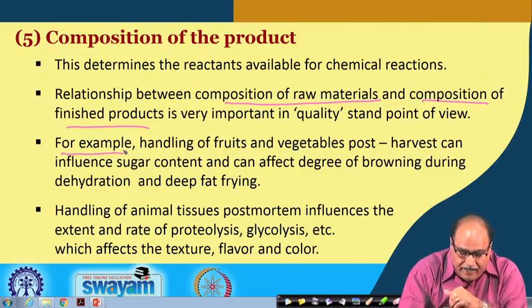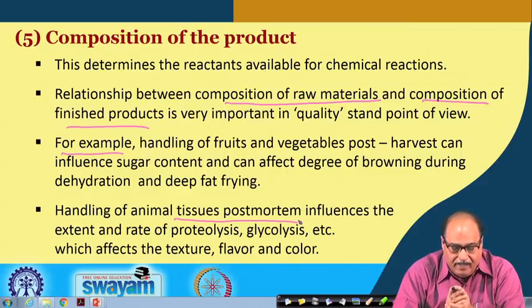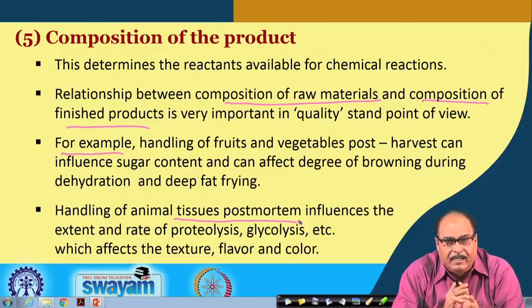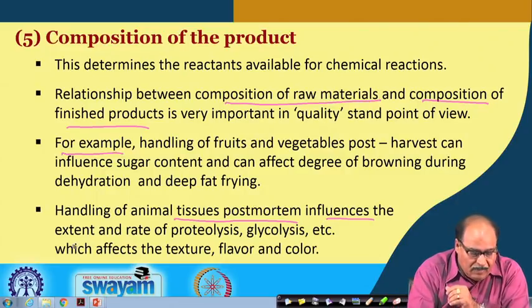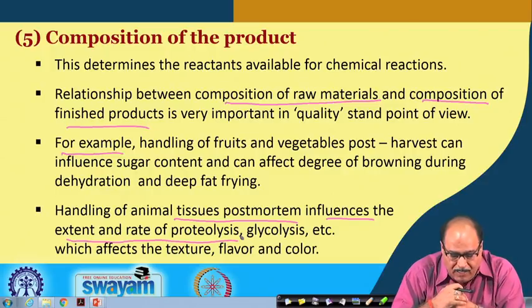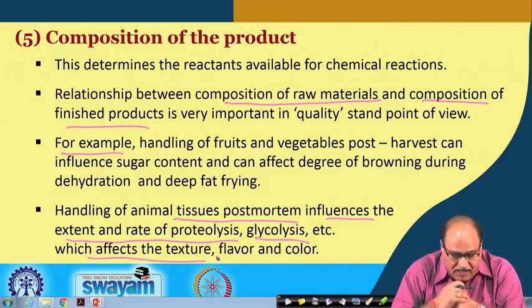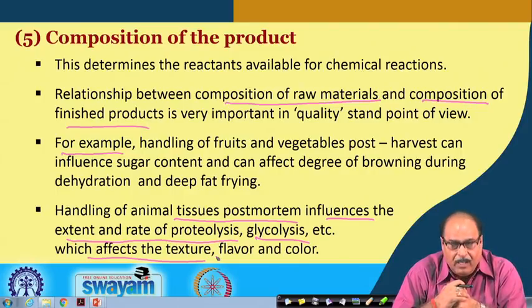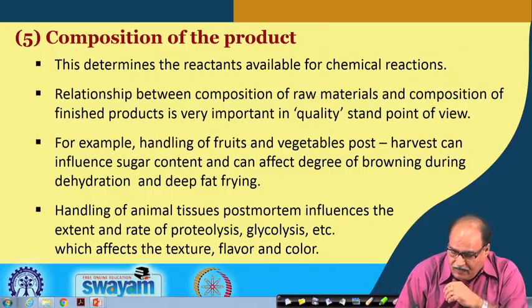Similarly, in the case of muscle tissues, as I also said earlier, after slaughtering, the manner in which these muscles are handled, the temperature during handling, aerobic conditions and other conditions in the system influence the extent and rate of proteolysis, glycolysis etc., which ultimately affects the texture, flavor, color and other attributes of the food material.